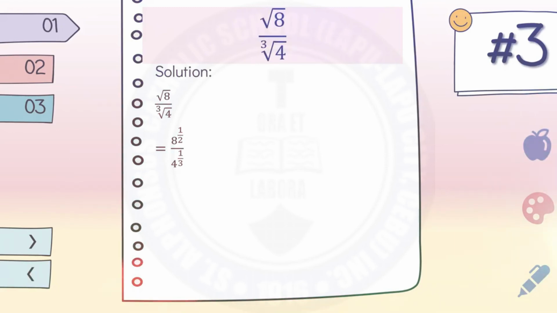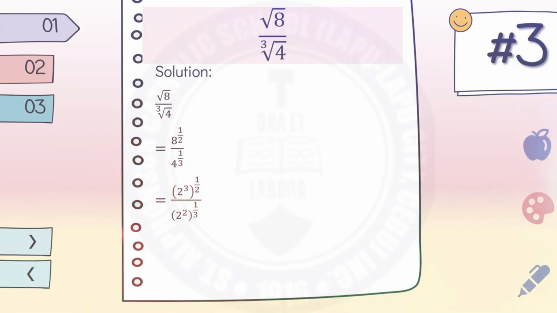Next, we need to simplify 8 raised to 1/2 and 4 raised to 1/3. Since both 8 and 4 are sharing a common base, which is 2, we can express this one into 2 cubed raised to 1/2 all over 2 squared raised to 1/3, since 8 is equal to 2 cubed and 4 is equal to 2 squared.